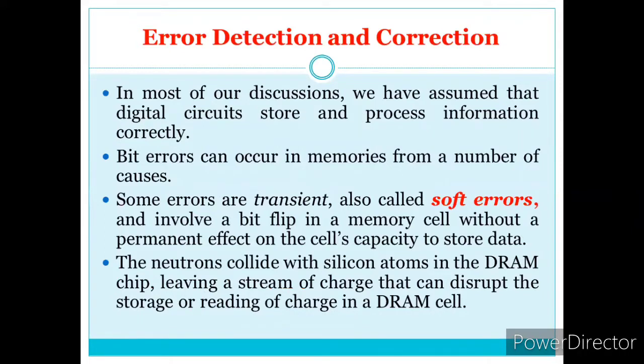In most of our discussions, we assume that the digital circuit stores and processes the information correctly. But bit errors can occur in memories from a number of causes. Some of the errors are transient in nature and are called soft errors, which involve a bit flip in a memory cell without a permanent effect on the cell's capacity to store the data.